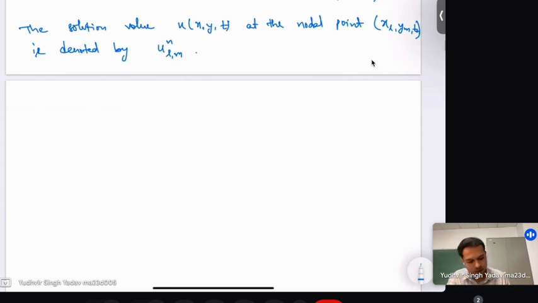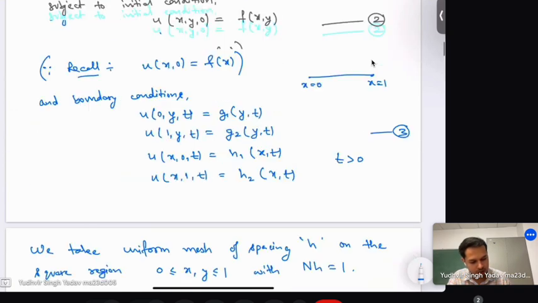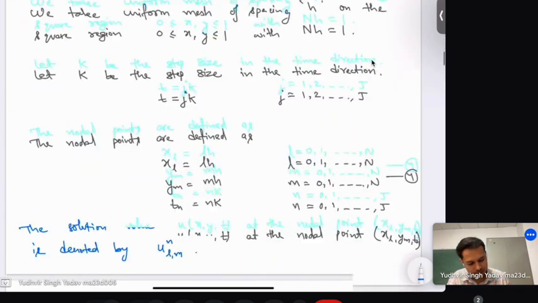Now we will try to construct a scheme for this heat equation 1.